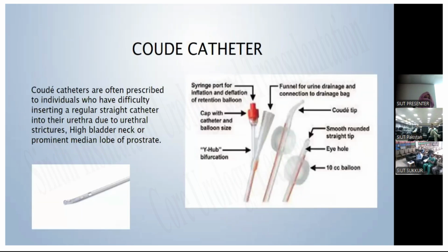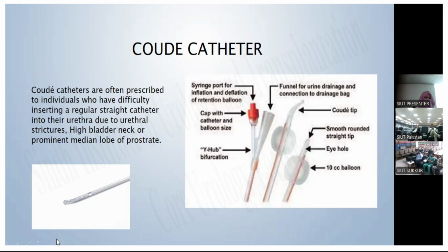Coude catheters are often prescribed to individuals who have difficulty inserting a regular straight catheter into their urethra due to urethral strictures, high bladder neck, or prominent median lobe of prostate. For CIC purpose, it can be used, but it can also be used in those patients with difficult catheterization.